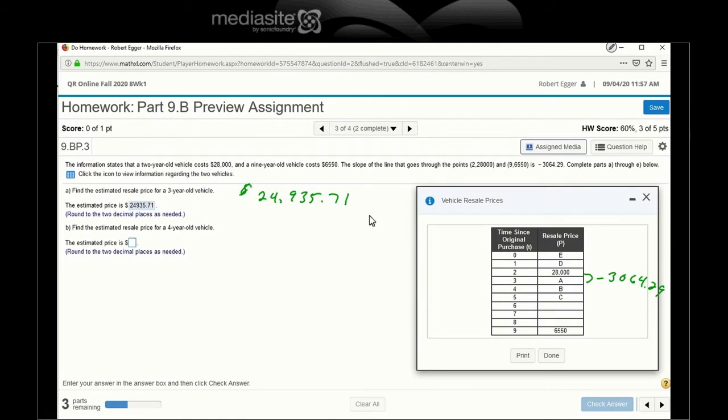Okie, 4-year-old price. All right. So let's take the 3-year-old price and subtract another 3,064.29, or take 28,000 and I'll subtract 2 depreciations or 2 reductions.